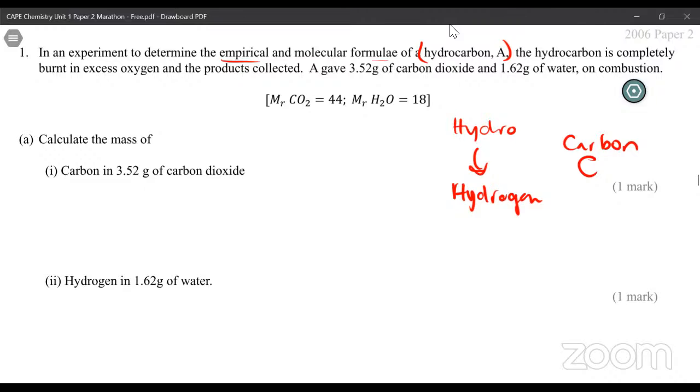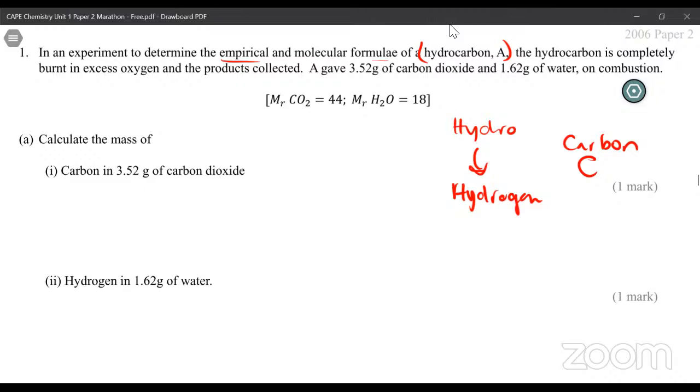I'm going to show you something later in this session to figure out your products for combustion analysis, right? Because most times on the past papers, the mole concept question is a combustion analysis question.